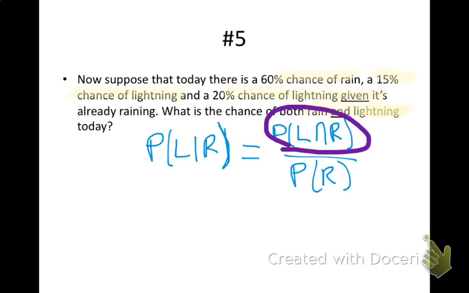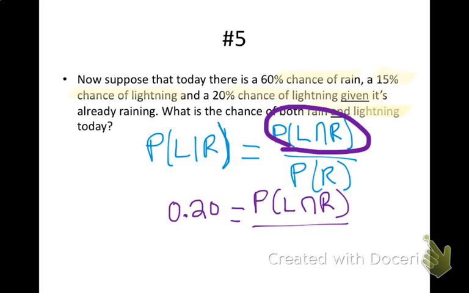I know the other two pieces. There are 3 pieces of information here. I know 2 of them. I know lightning given rain, which was 0.20. We don't know the probability of lightning and rain, so that's going to stay as variables.